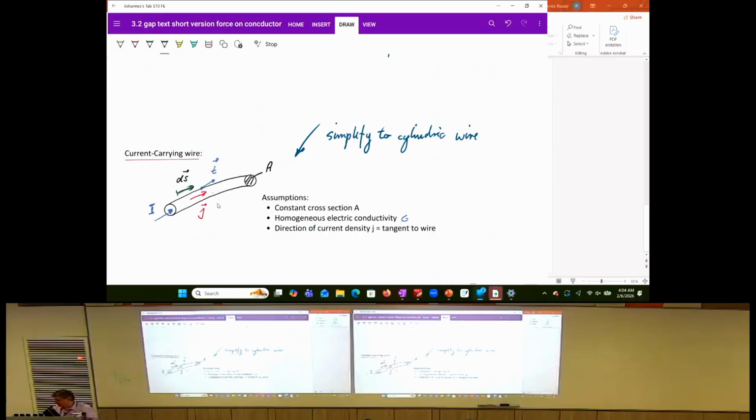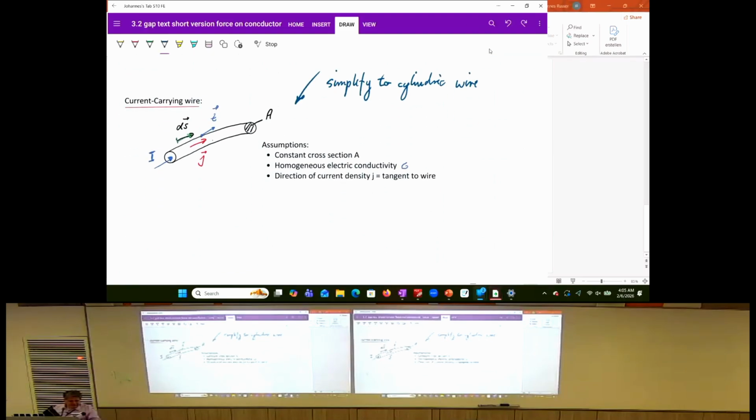We make a few assumptions. One is that the cross-section of the wire, this A here, is constant over the entire wire. Then also the conductivity of your wire is homogeneous, so it doesn't change anywhere in the wire. And the current density is always given as a tangent to the wire, so the current is not flowing in any other direction but along the tangent of that wire.